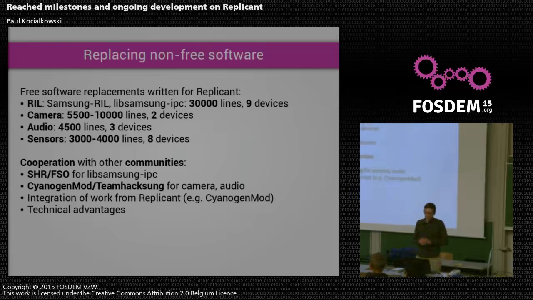And that work usually is shared between CyanogenMod and Replicant. So when I write something for Replicant and CyanogenMod people are interested in it, they usually take it and it goes the other way around and we share patches and stuff, so it's pretty great. And for them, if they're not that interested in having a fully free software stack, it's also a great technical advantage.